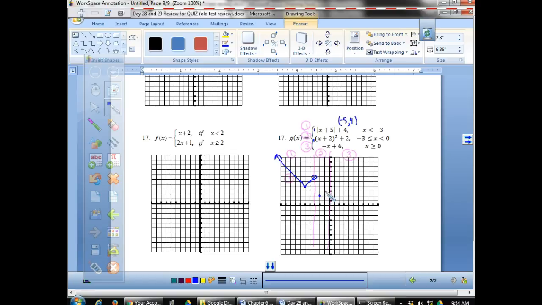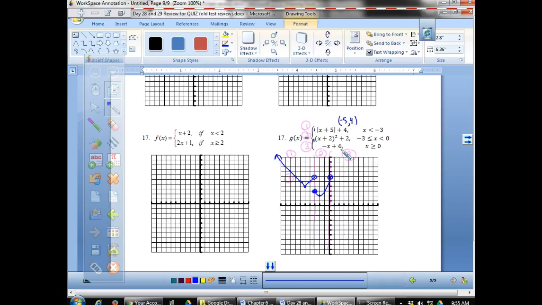So I'd go 1 to the right, 1 up, 2 to the right would be 4 up. So I'd land right here, and I'm going to put a bubble, and it is not underlined, so I'm going to leave it open. Same thing over here, but when I go 1 to the left, I go 1 up, put a bubble, but do you see it is underlined? So I'm going to fill this in, and it's going to be a little curve like this. So that's the second part of it.